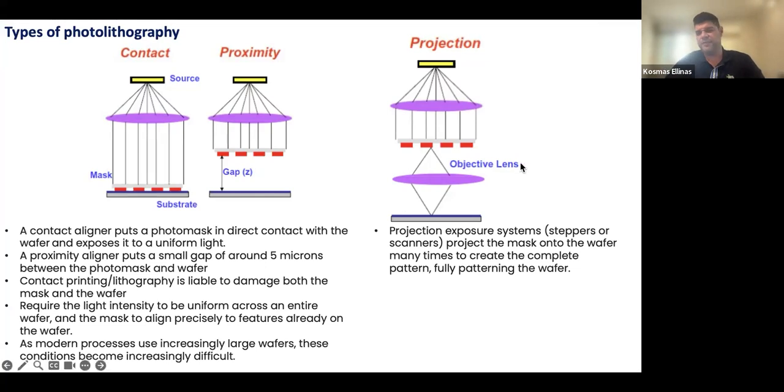Because using an objective lens, we try to expose specific parts of the silicon wafer, and then the silicon wafer is moved in order for the entire wafer to be exposed. In this way, we have increased productivity and no mechanical failure of the mask or the substrate.